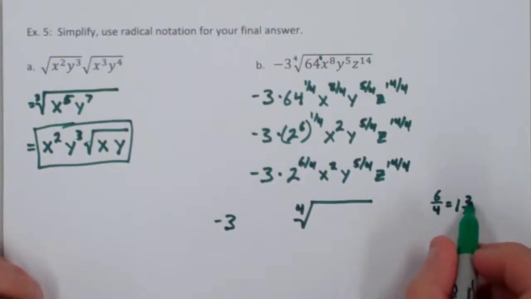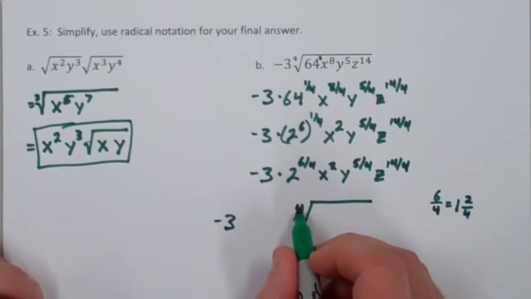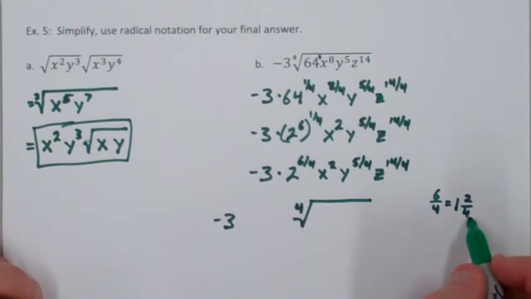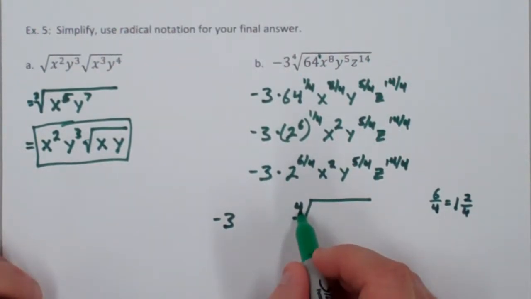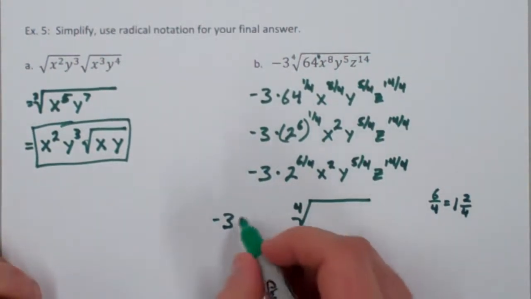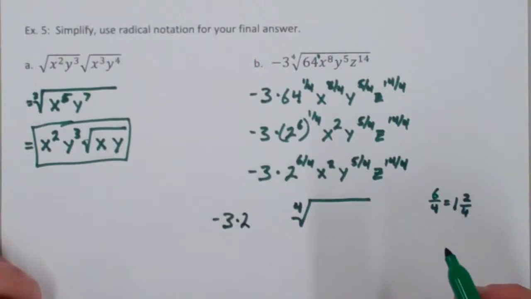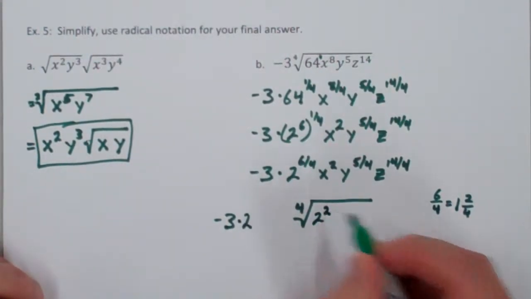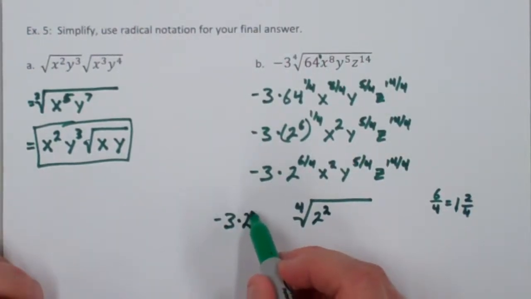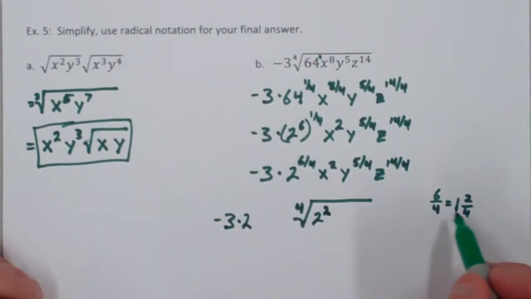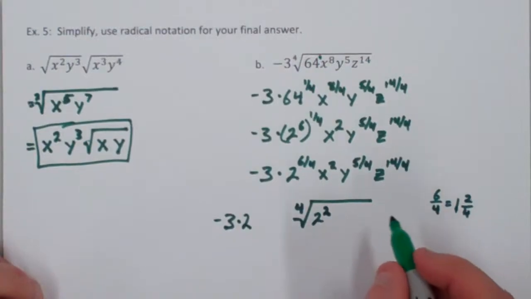Keep in mind, we don't want to change this to 1/2, because then we'll have to change that to a square root, and not all of these might work out to be a square root, so just keep that denominator of 4. So the 2 to the first power will come outside, and then 2 to the second power will stay inside. The whole number can come out, and the numerator of the fraction part of the mixed number will stay inside as an exponent.